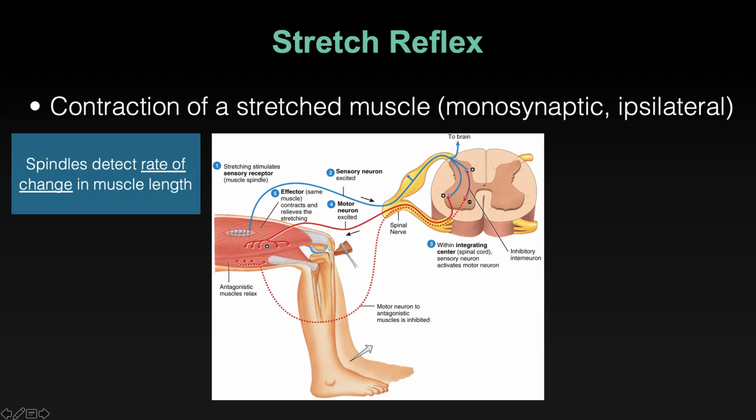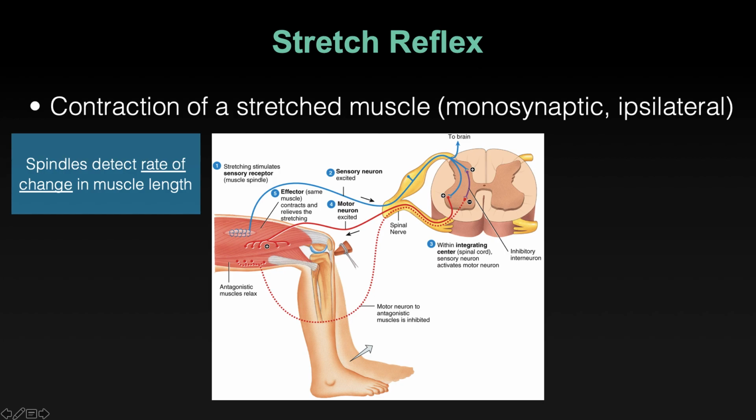So imagine this. You're sitting on the side of the bed, and you can see the hammer here hit the patellar tendon. The result is that it essentially tries to pull the muscle apart. That's a pretty extreme description, but it does create this shock where the muscle is pulled taut at both ends. And the spindles will detect that.